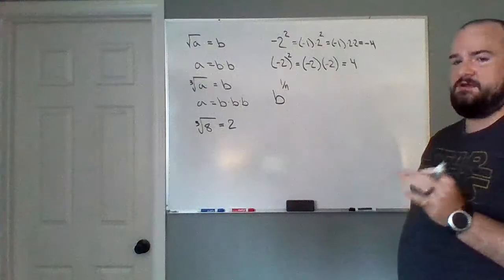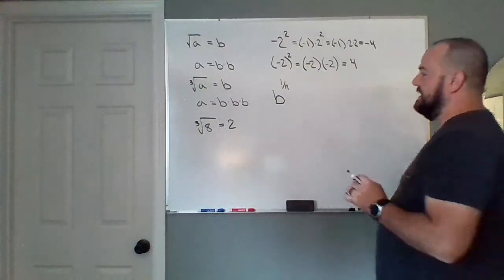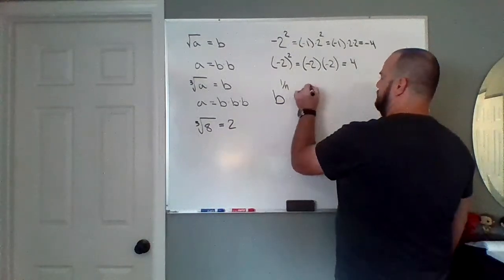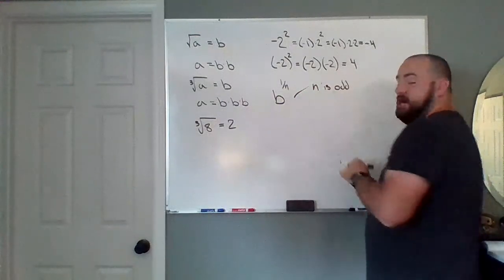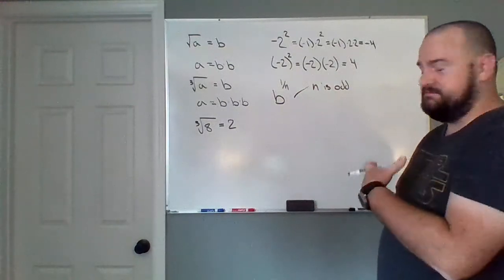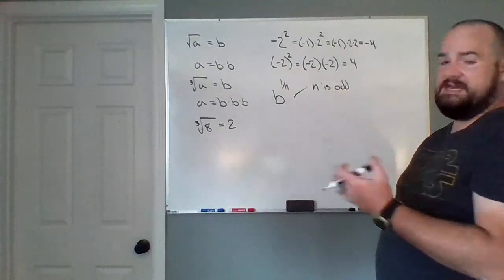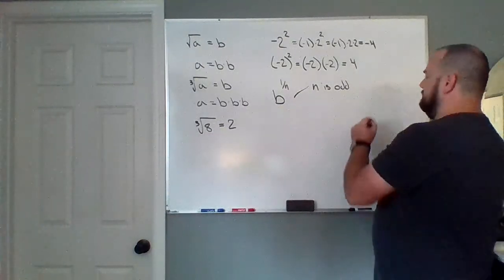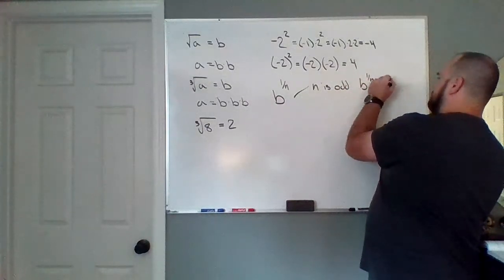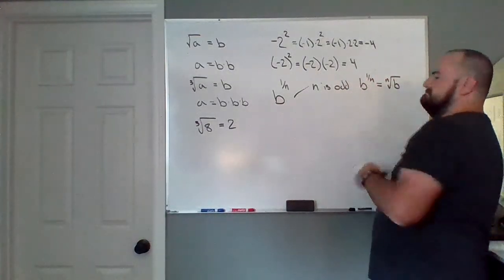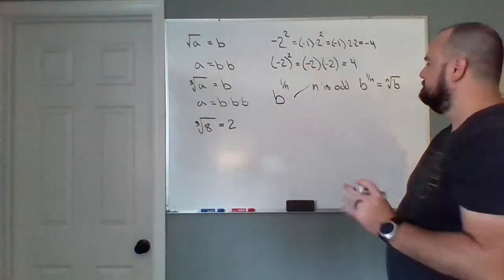Either n is odd, like 1, 3, 5, 7, and so forth. If n is odd, then b to the 1 over n equals the nth root of b, no problem.